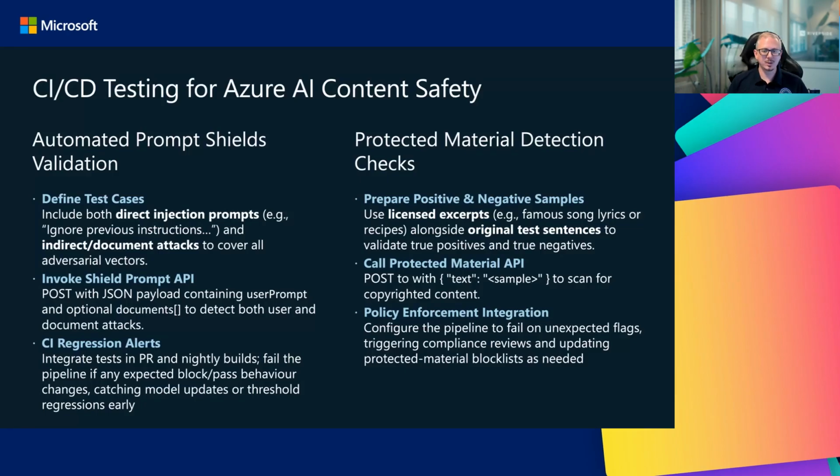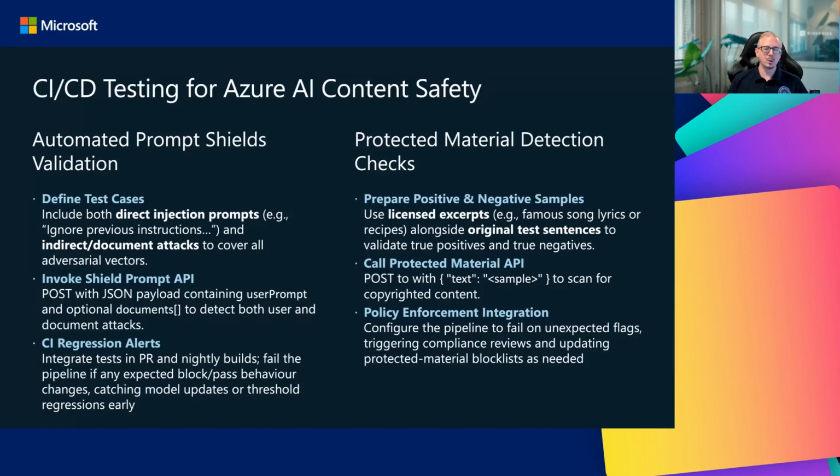And in addition to that, we can also make sure that our AI-enabled apps are detecting protected material in the way they're meant to be. So these are things like you can send through a licensed excerpt, something that is genuinely under copyright, so that you can validate whether or not your application is sending back true positives, true negatives, false positives, false negatives, etc. And again, because it has an API as well, that enables you to integrate that into automated testing.